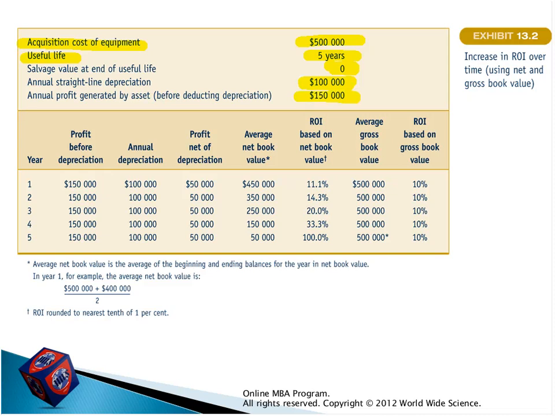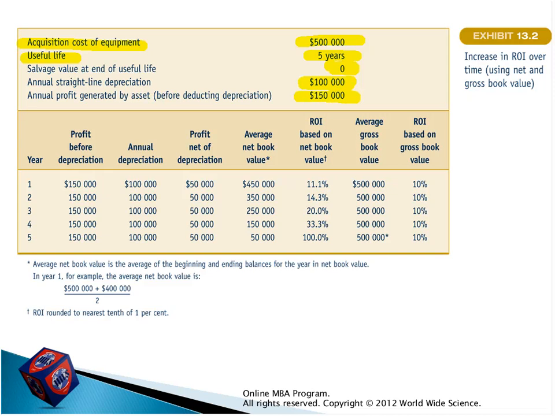First of all, let me explain. We have an investment project where we are buying new equipment, which is also seen as an investment, right? We're buying the equipment which costs $500,000. The useful life of this equipment will be 5 years.